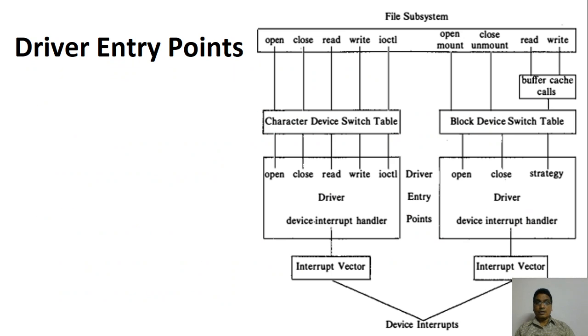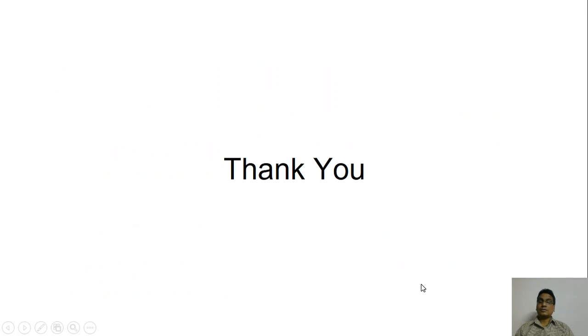So suppose you press a key on the keyboard, the device generates the interrupt. Now this interrupt is handled by the driver, and it will call an appropriate interrupt handler to handle the particular type of interrupt that has occurred on the system.